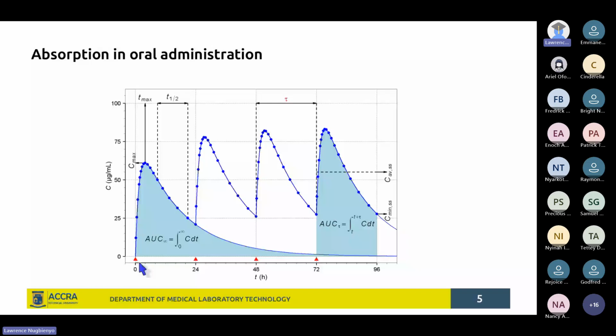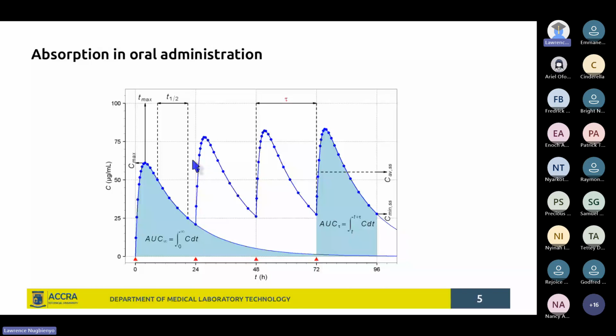So, apart from some which are taken, say, as just a single dose, like some of these dewormers that they just give one, many of these drugs that are prescribed, you will attest to the fact that they are of multiple doses.